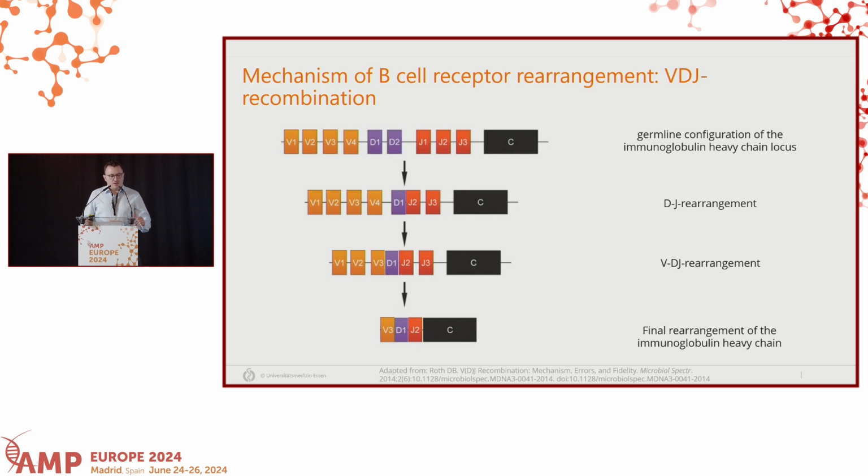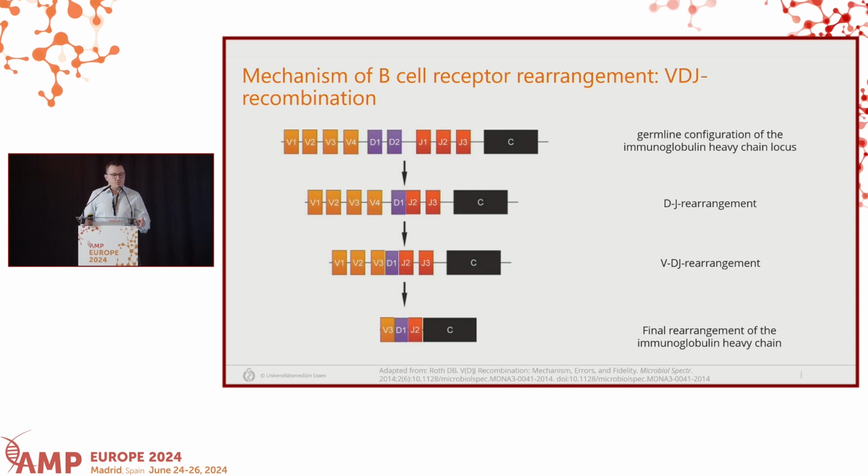So there are nucleotides either introduced or removed in a random fashion, which increases the heterogeneity. So even if you would analyze two B cells which have the identical rearrangement of V, D, and J genes, this increased heterogeneity at the linkage sites leads to unique sequences in these two B cells.